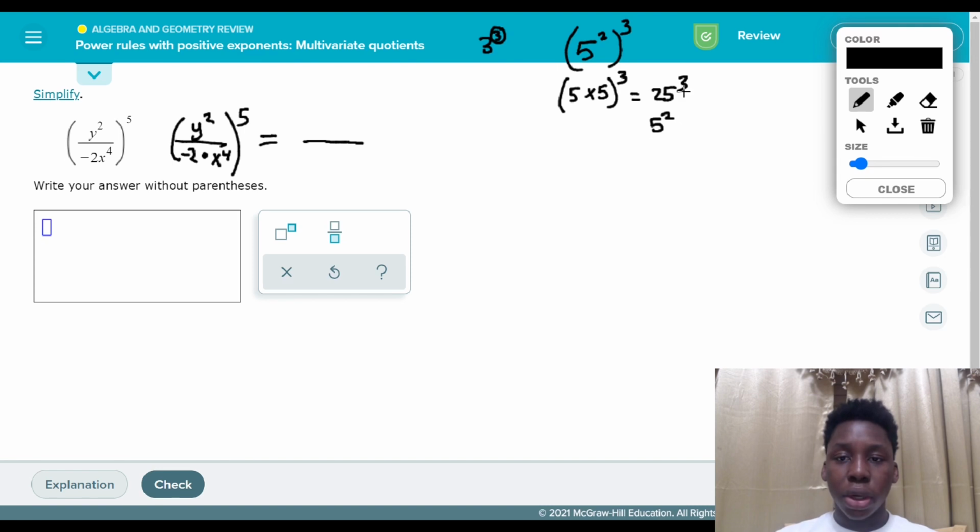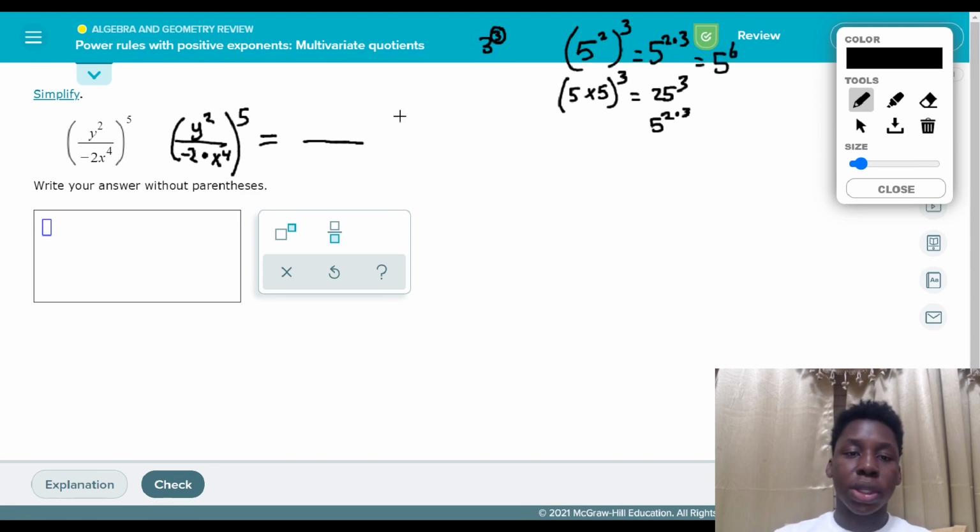But this 3 also comes in handy. We have to multiply it by the 3, because there's an exponent inside an exponent. Whenever there's a power inside another power, like in this case 2 is inside 3, you have to multiply the exponents. So instead of taking all these steps, we can just say 5 to the power 2 times 3, which equals 5 to the power 6.